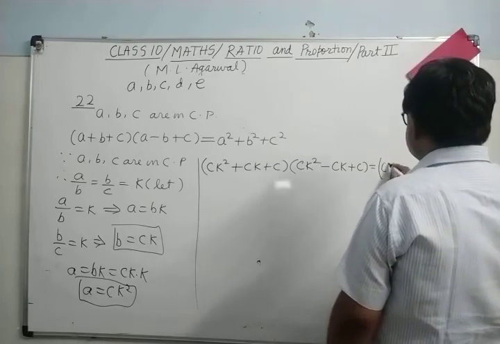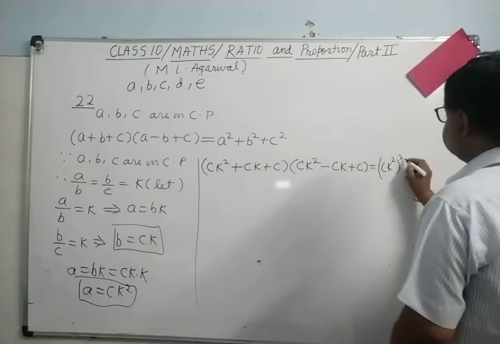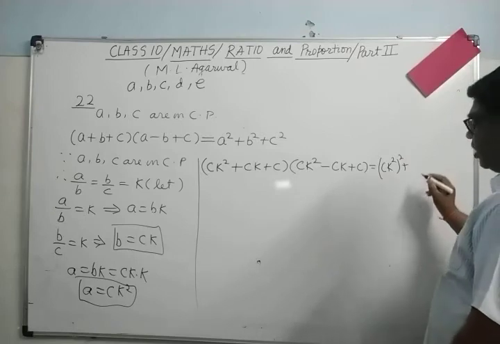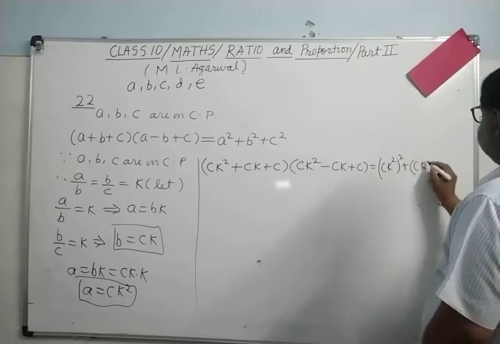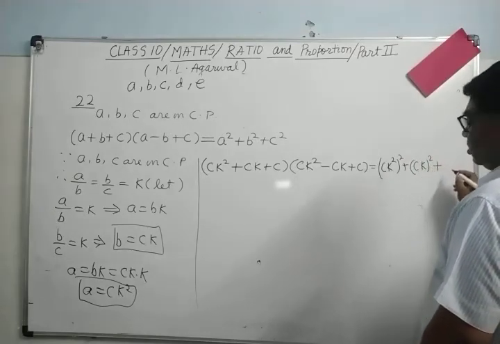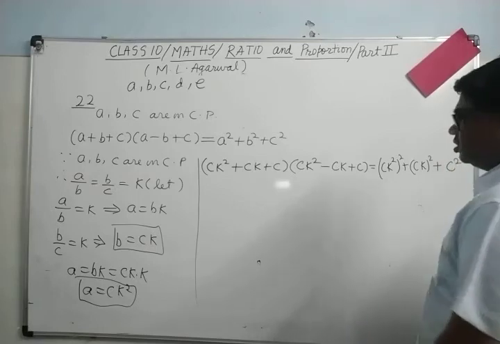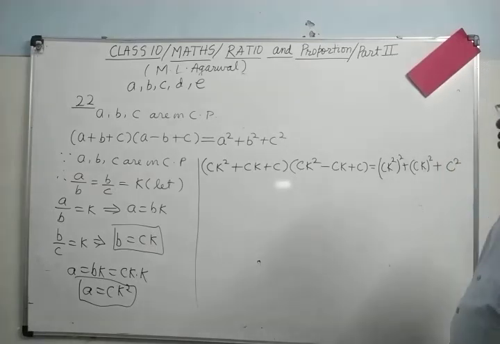A square is CK square whole square. B square is CK whole square. C square is C square. C square is the last term, so no need.